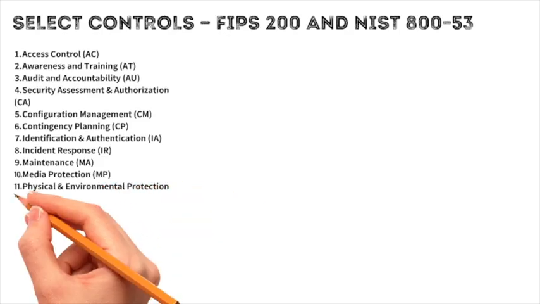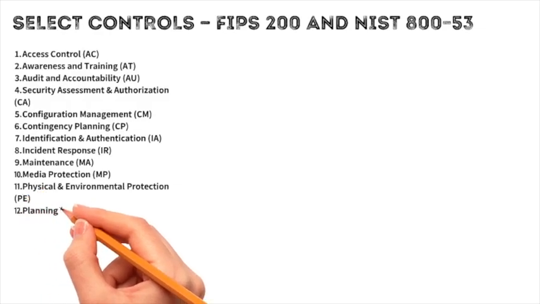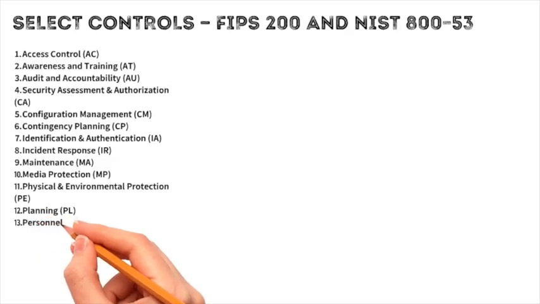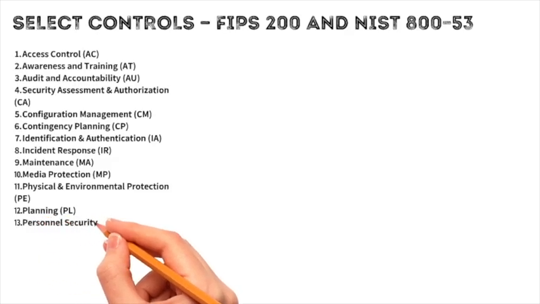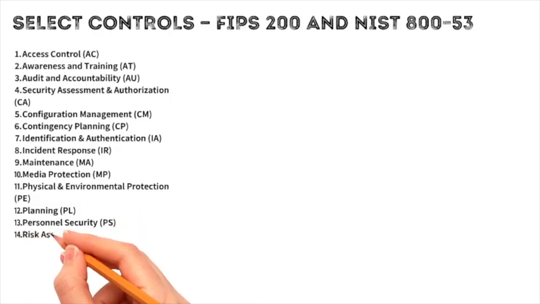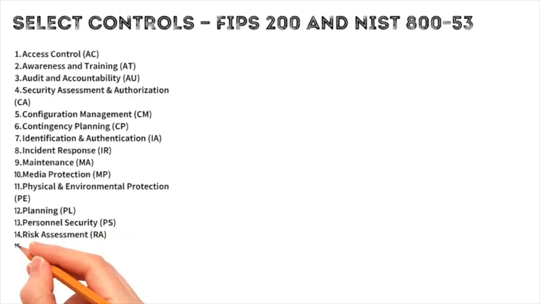Planning defines and documents security policies and procedures. Personnel security reduces insider threats through screening, training, and access control. Risk assessment identifies, analyzes, and mitigates system risks.